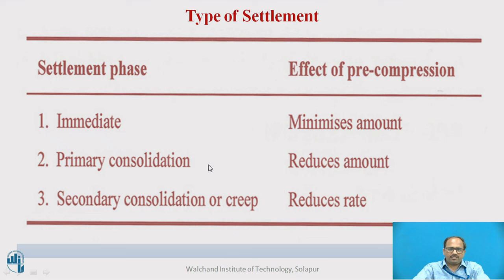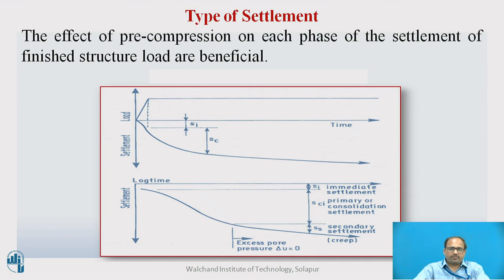Then in the second step, primary consolidation reduces the amount of water content, as water is expelled out. In the last, third stage, secondary consolidation reduces the rate. This is what happens in the types of settlement in this entire graph.